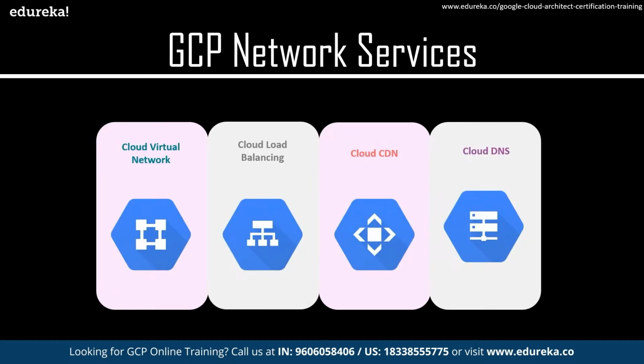So first you have your virtual private cloud. Whatever I've just discussed, right? You can create a virtual private cloud or cloud virtual network, where you can put forth a certain set of resources in that particular network. Say, for example, you have 100 devices that you can assign in that particular network. So you can create subnets, create sections, decide how many IP addresses you want to assign to a particular network or to a subnetwork.